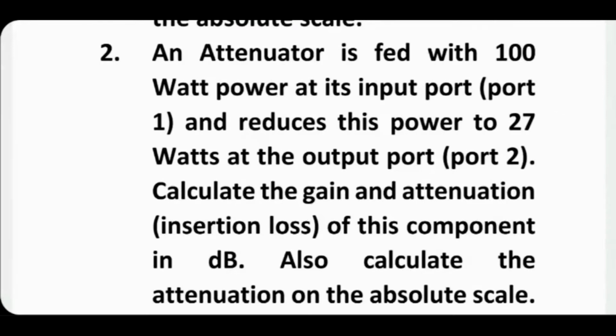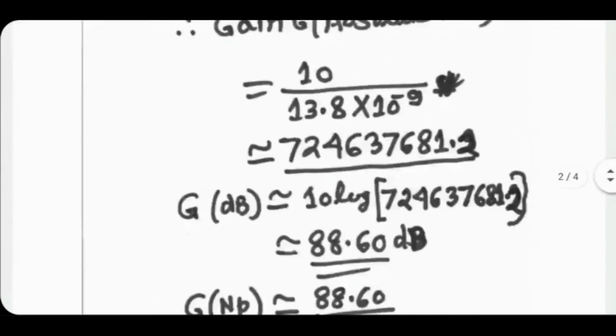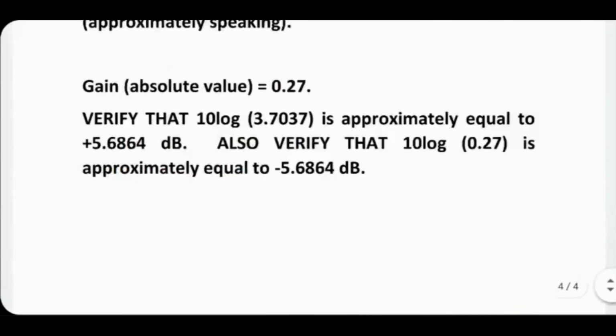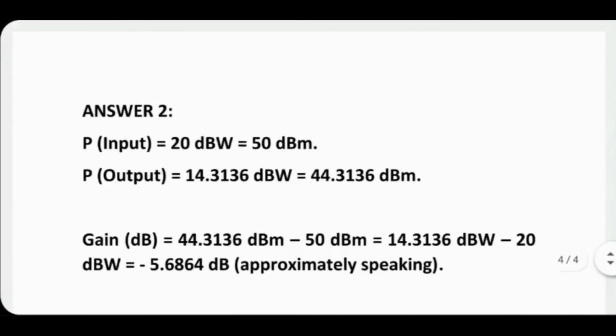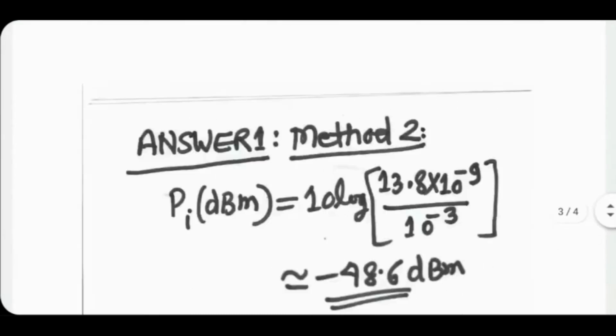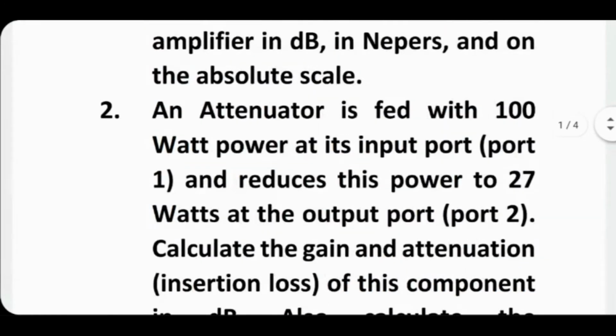They want gain and attenuation in dB as well as on the absolute scale. So let me show you the answer. It's fairly straightforward in this case. Input power is, let me see again, I hope the number is right. Input power is 100 watt.